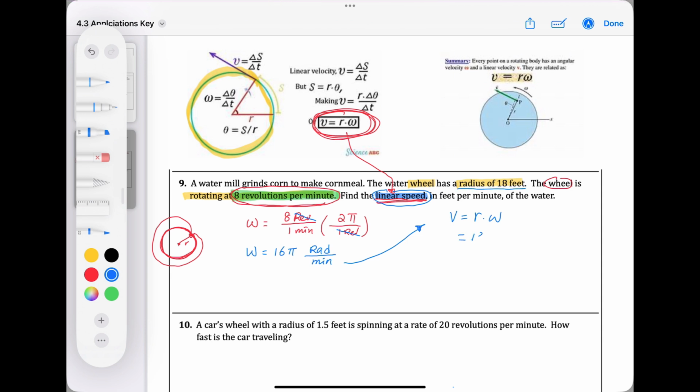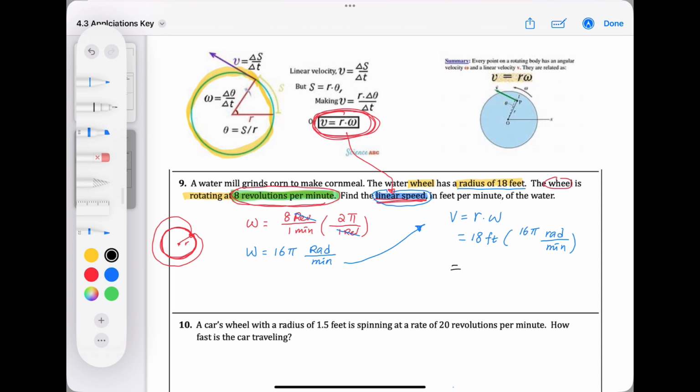The radius of the circle is 18 feet times my wheel revolution. What do we got here? It is 16 pi. That's a number. But my unit is what? Radians per minute. So now we are math people.